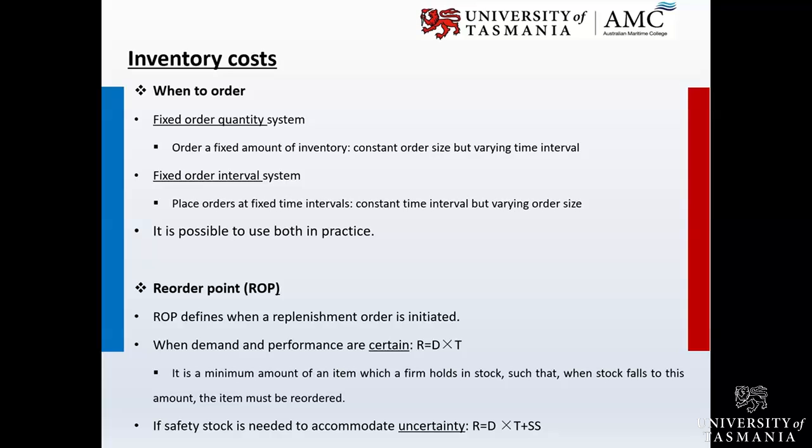The fixed quantity system means every time the order size is the same, but the orders will be placed at different times. So constant order size but different time interval.